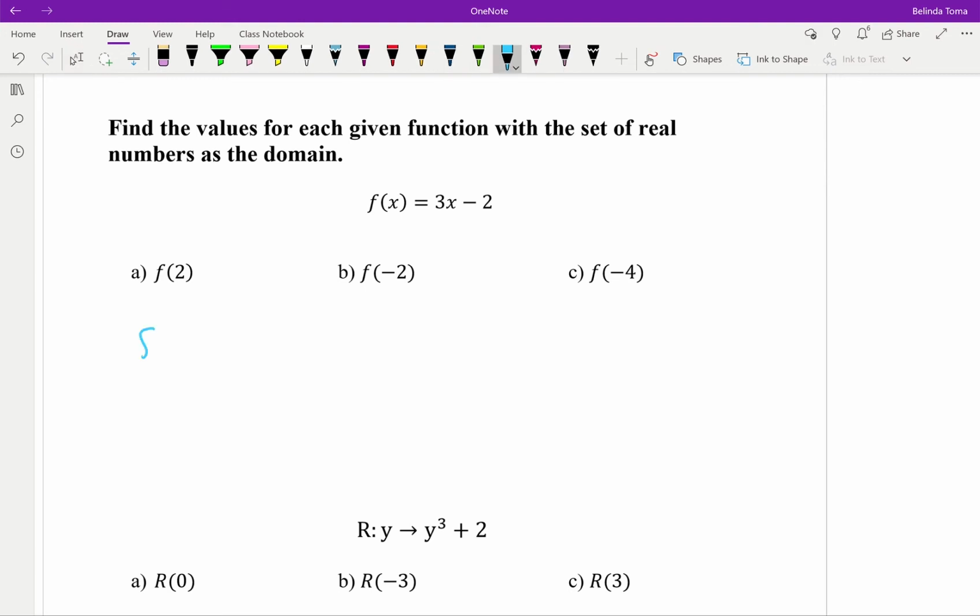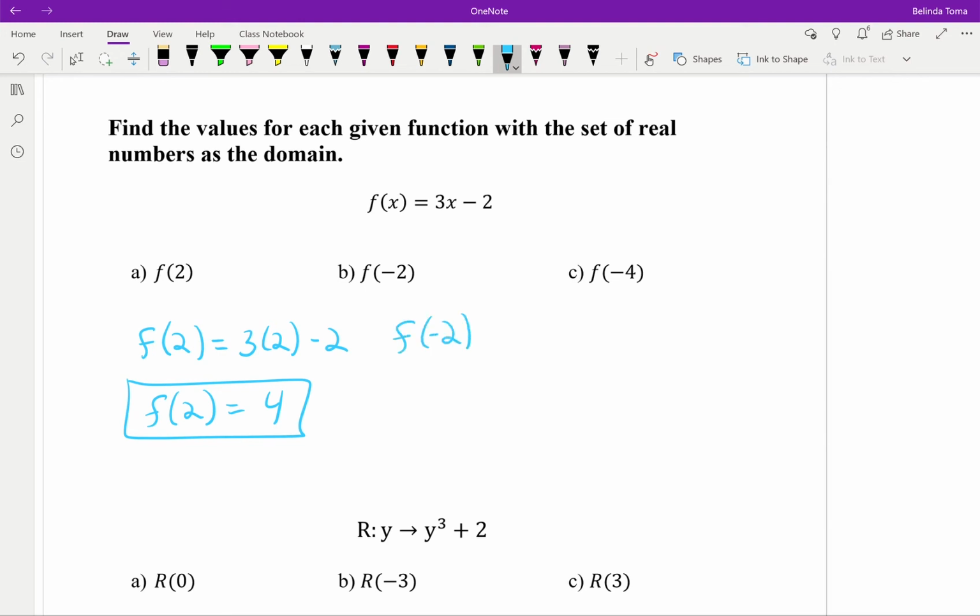If we have f of 2, it means that we're going to have 3 times 2 minus 2. So that's going to give us 6 minus 2, or 4. And this is the notation we would use. If we're evaluating for f of -2, then again, we're replacing the x with -2, and we would get -6 minus 2, or -8.